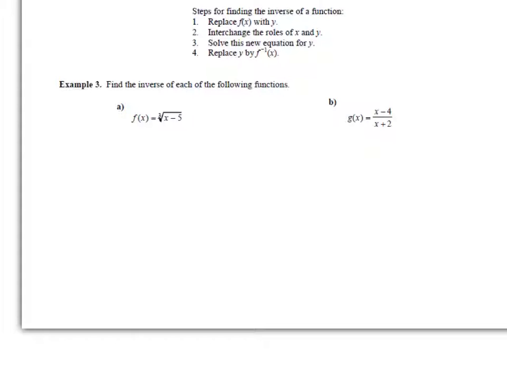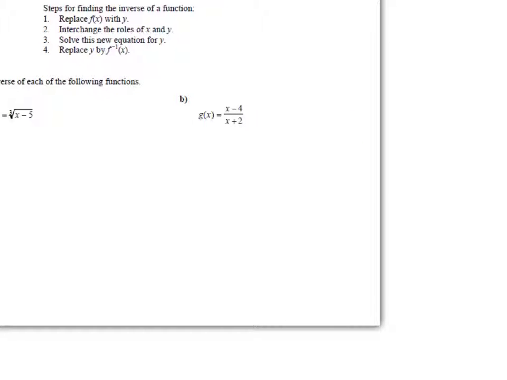Now I have x to the third plus 5 equals y, so I have the inverse done. My final step is to replace the y with inverse notation. Since I started with function f, this would be f inverse of x equals x to the third plus 5. So with this notation, I know I just found the inverse of f.